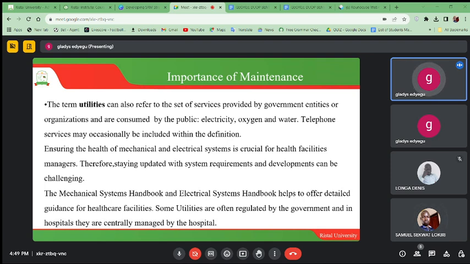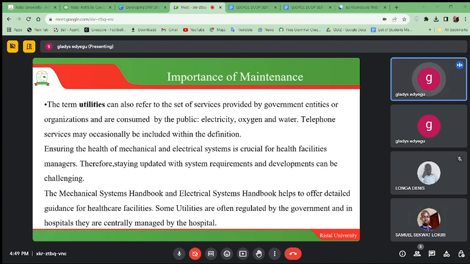There is a mechanical systems handbook and an electrical systems handbook that can help us understand the different details on how we can guide the various healthcare facilities in relation to these utilities.